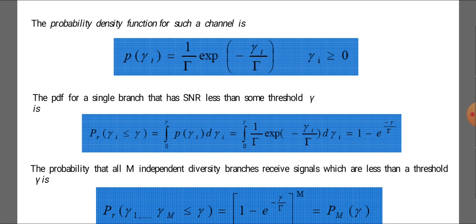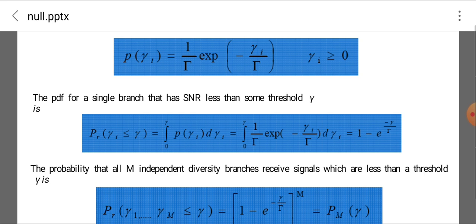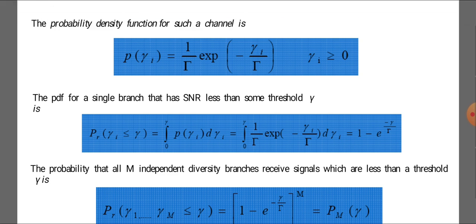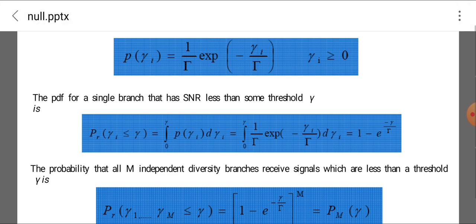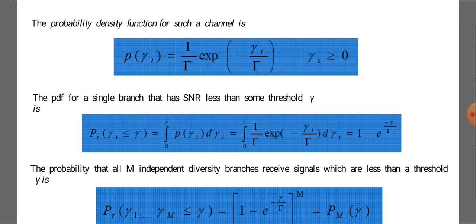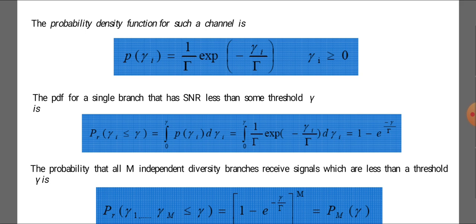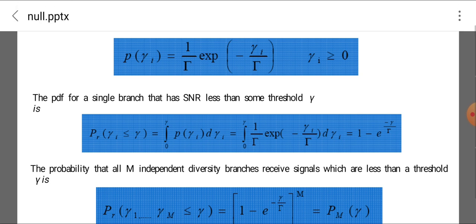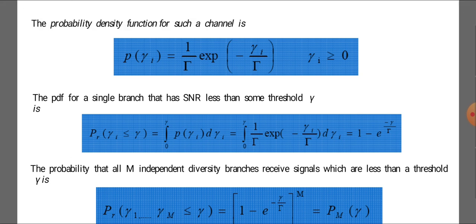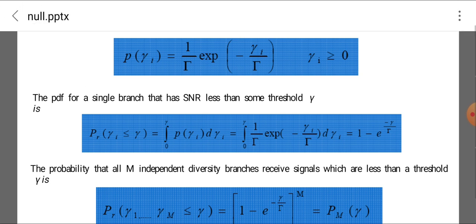So this is the probability that a single branch has the signal with the signal to noise ratio less than the threshold. Similarly, the probability that all the m independent diversity branches receive the signal which has the signal to noise ratio less than threshold is given by 1 minus e power minus small gamma by capital gamma whole power m, which is denoted by Pm of gamma.